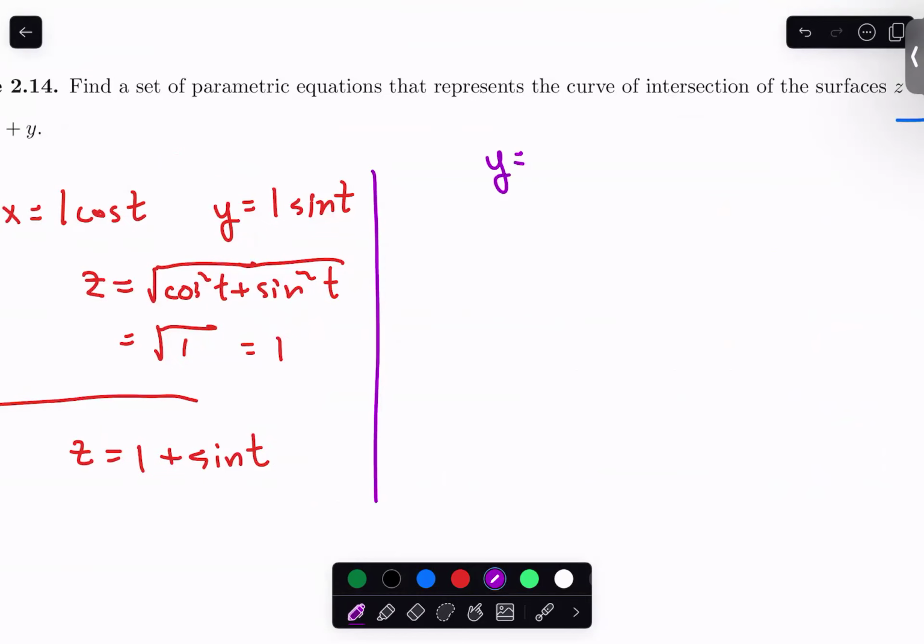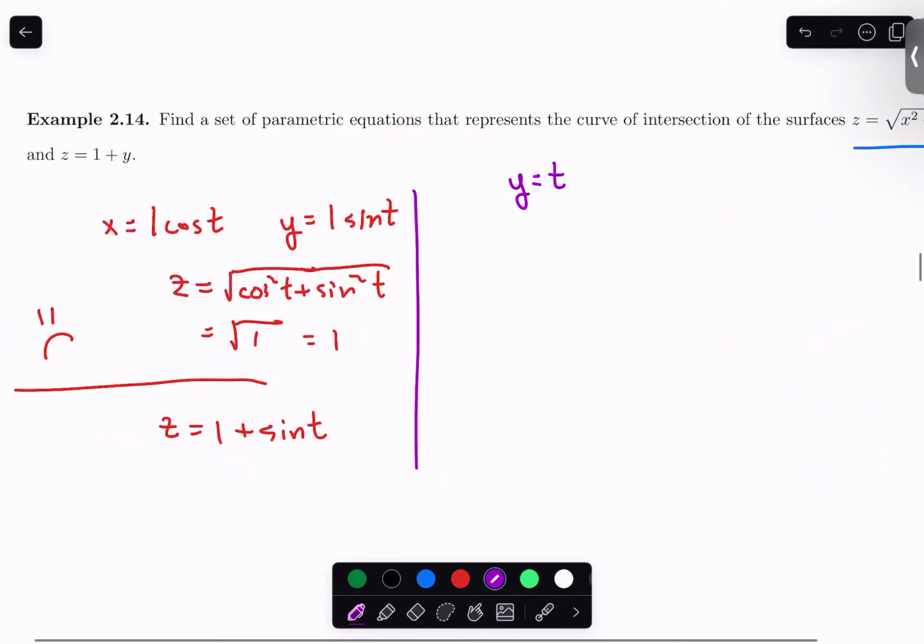So y equaling t means that in my second surface, z is just going to be equal to 1 plus t. So I have 2/3 already. Again, I need an x, a y, and a z. If I'm saying y is equal to t, I get the z very fast. So now all I need is x.